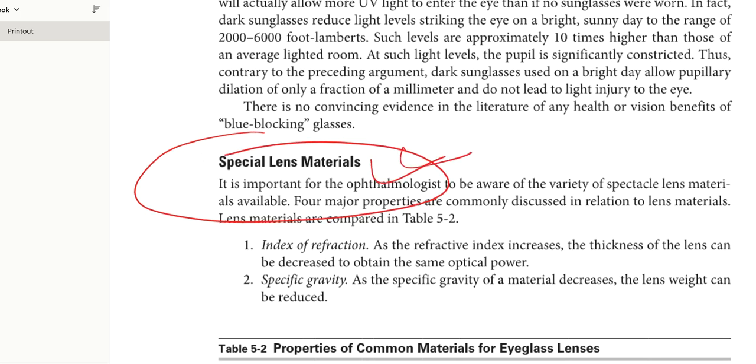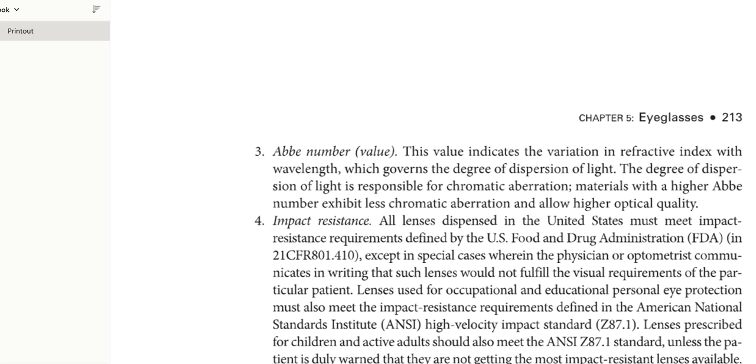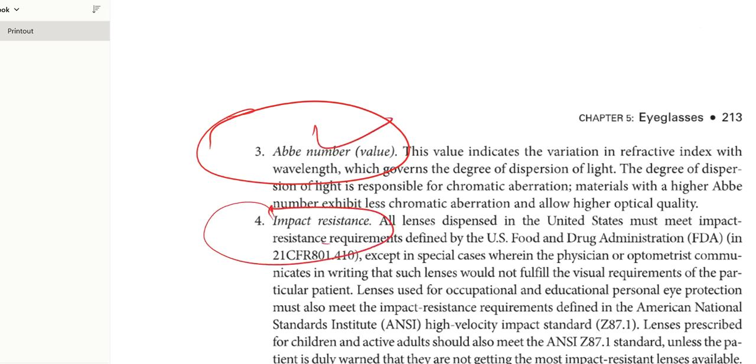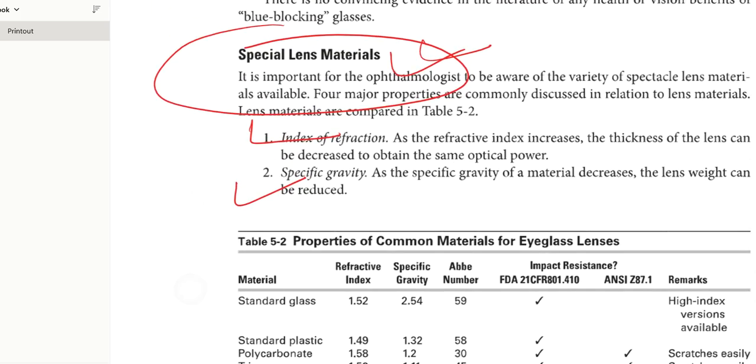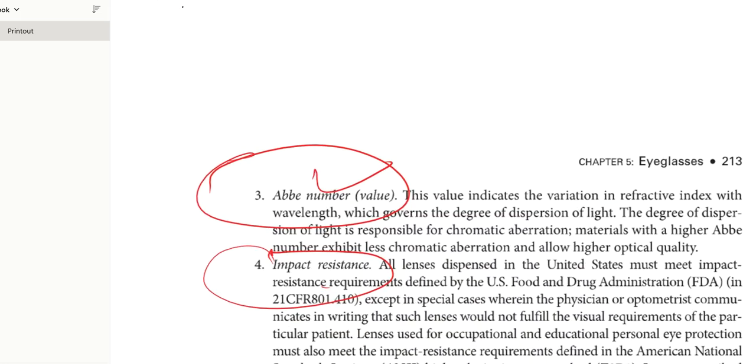Special lens materials: index of refraction, specific gravity, Abbe number, impact resistance. Impact resistance is not too much important, but the Abbe number and the first two, the index of refraction and the specific gravity, are very, very important.